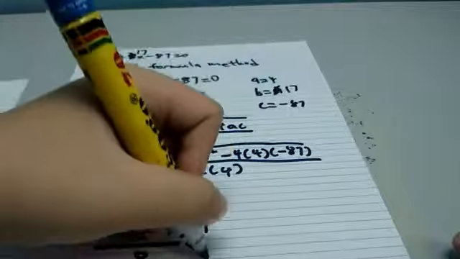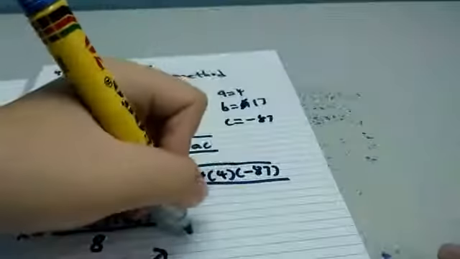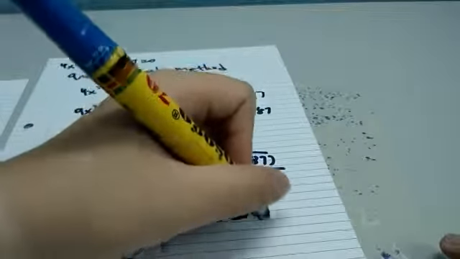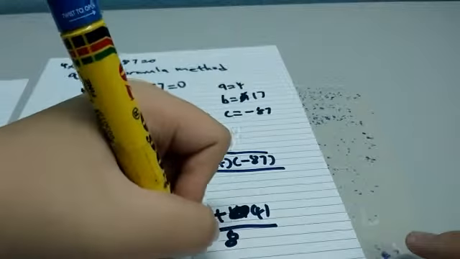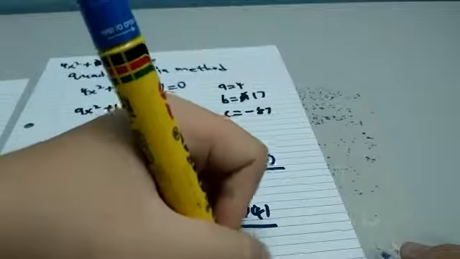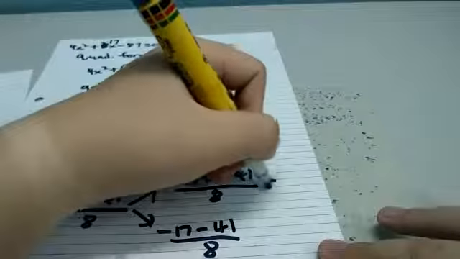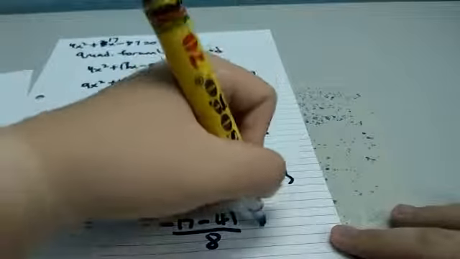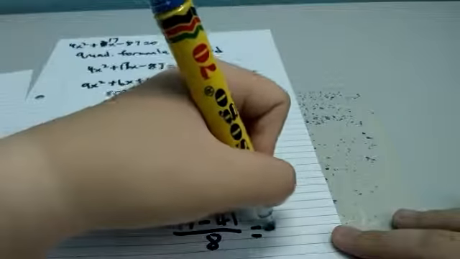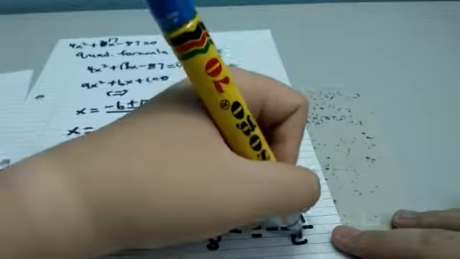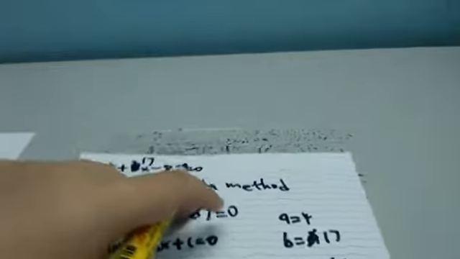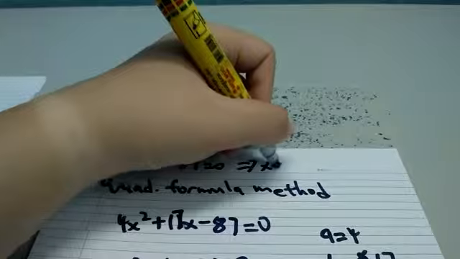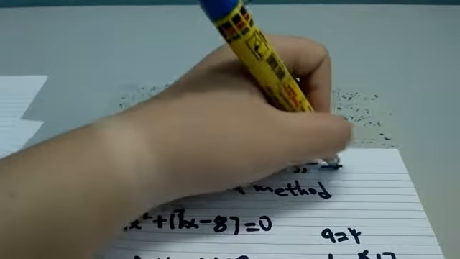and then we break up this expression because we have plus minus, so we have negative 17 plus 41 over 8 and negative 17 minus 41 over 8, and then we can find that the value of this operation is 3, and here we will get negative 29 over 4, and then we can also get the value from this quadratic formula, which is x is equal to 3 and negative 29 over 4.